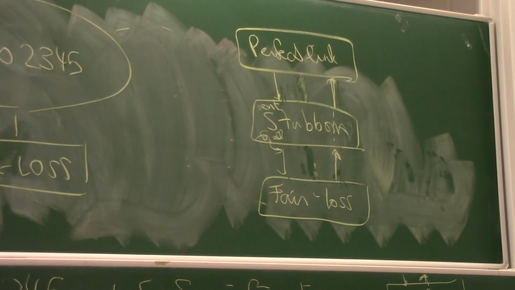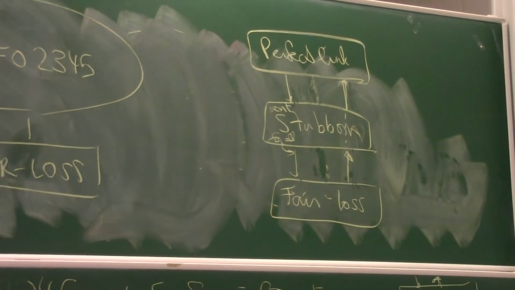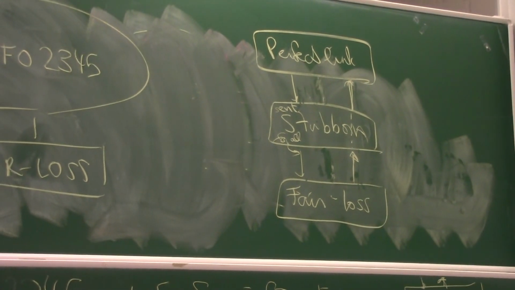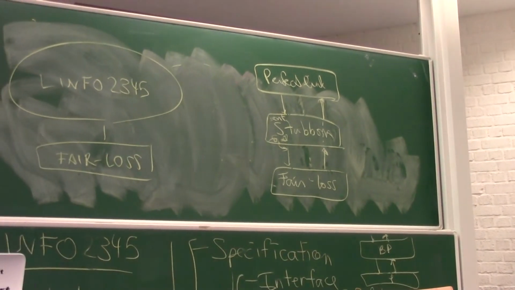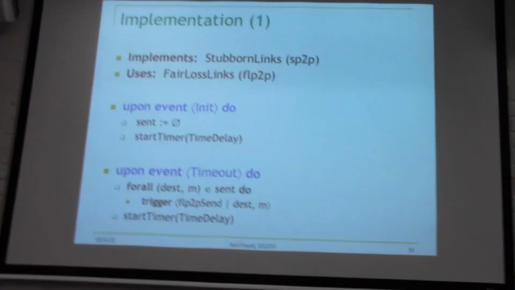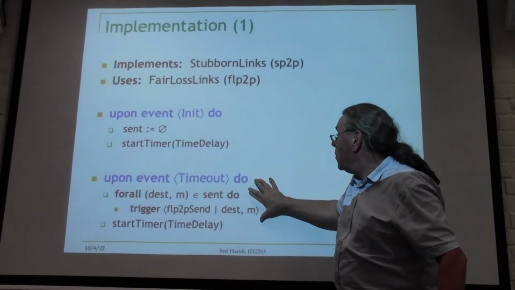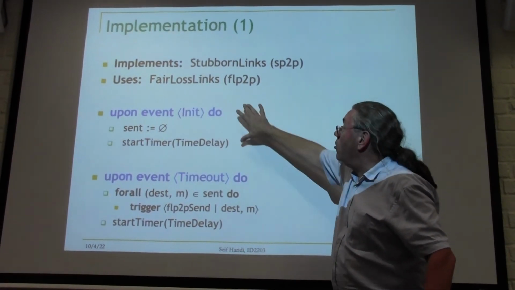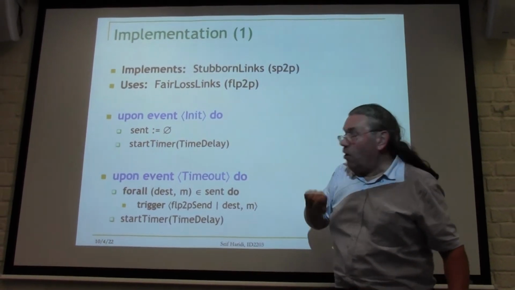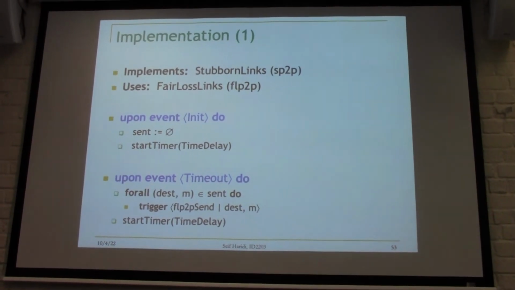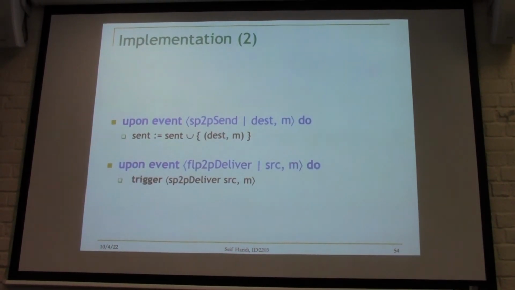So sending down is just adding to the sent set, and going up is just delivering. Okay, you see how that works? So this is the whole code. These are four little chunks of code, upon-event chunks of code. This is how we're going to be writing the algorithms.